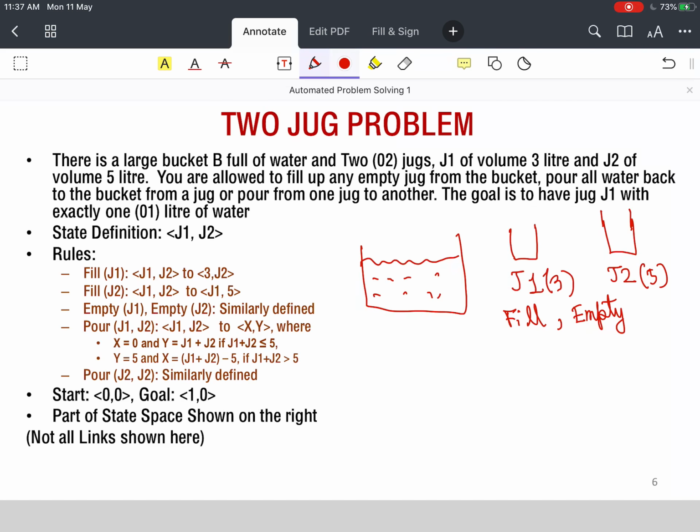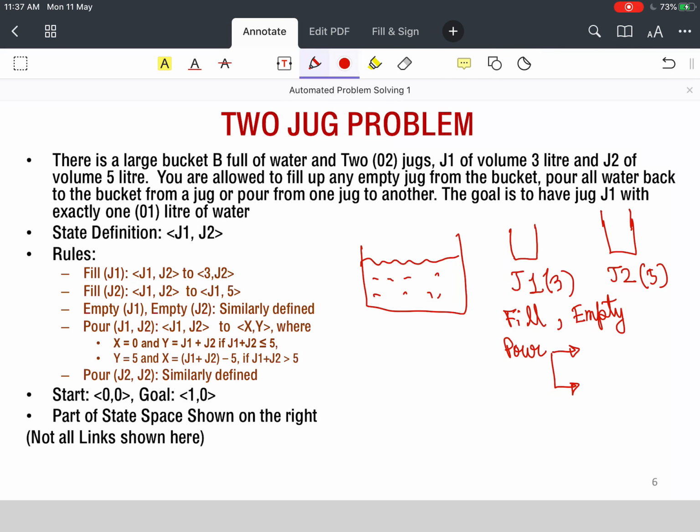Empty similarly pours the water back from the jug into the tank. And you cannot partially pour the water, you have to either pour it fully or not. Then there is a third thing which says that you can pour water from one jug to another. And there are 2 conditions by which you can pour water.